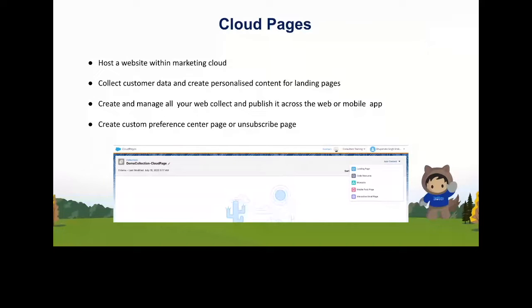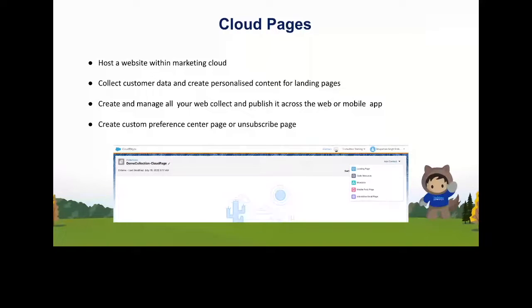And cloud pages are often used to create your preference center pages and unsubscribe pages, where you want to have some add-on requirements apart from your branding, or in terms of functionality it offers within Marketing Cloud.